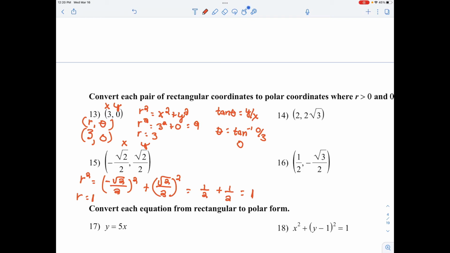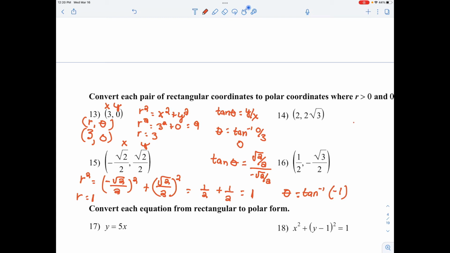And then to find my angle, I'm going to do the tangent of theta is equal to y over x. So that's radical 2 over 2 over negative radical 2 over 2. So theta is equal to the tan inverse of negative 1. So what quadrant is that in?